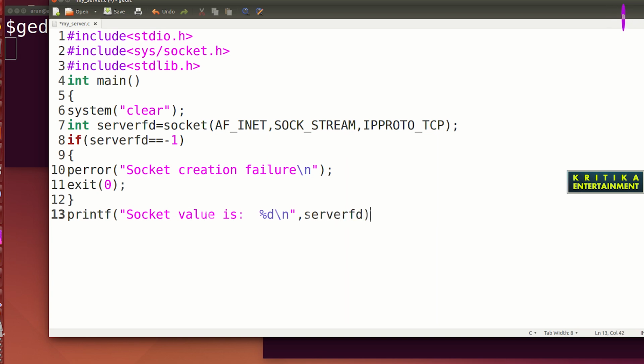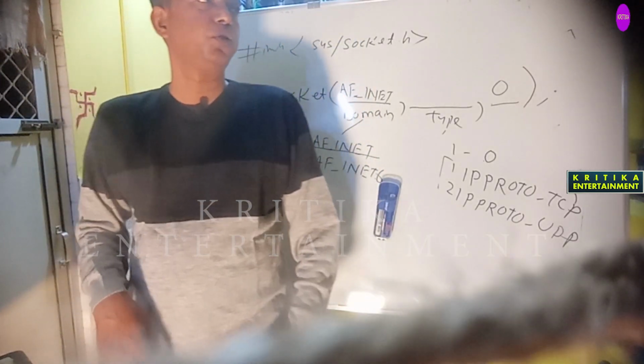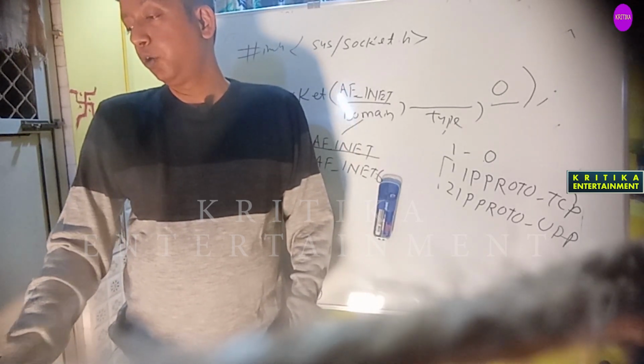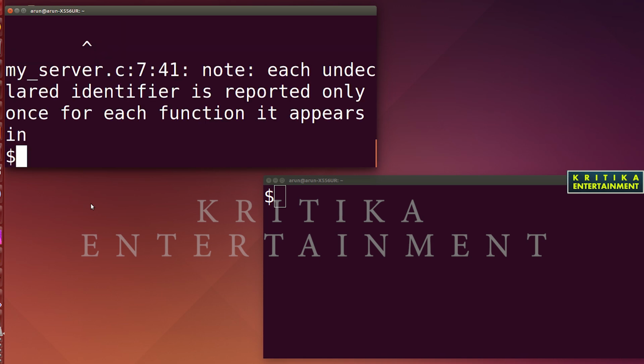I will close this bracket, then I will compile each program. I will compile step by step and show you the output, so that you do the program stepwise and find out what the error is.